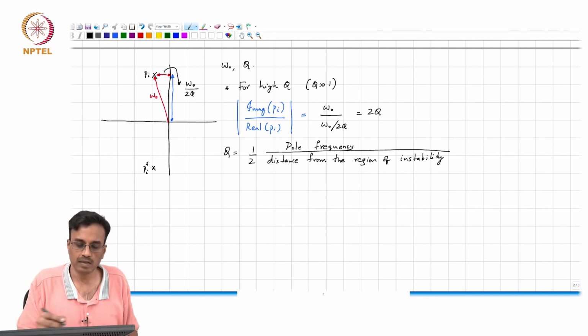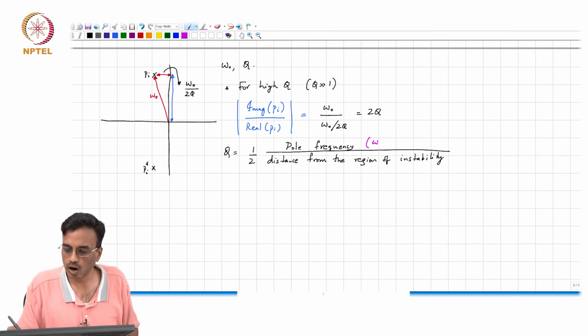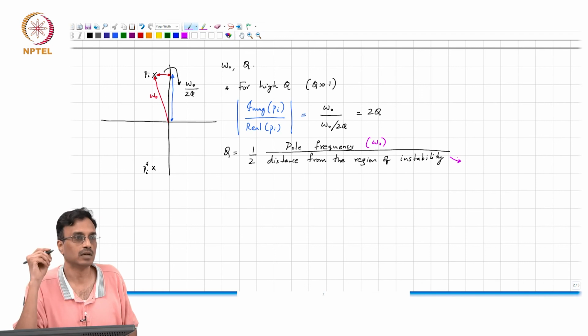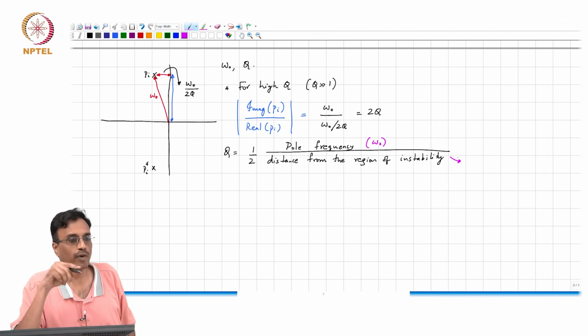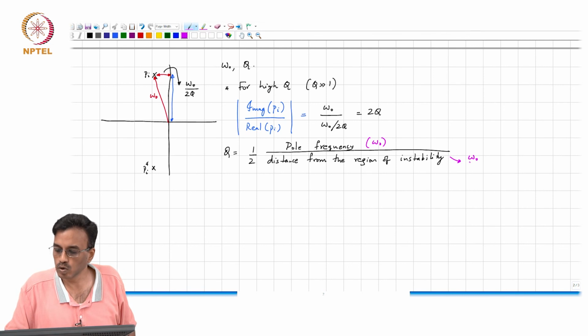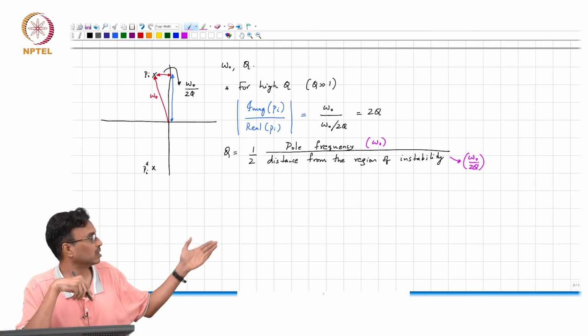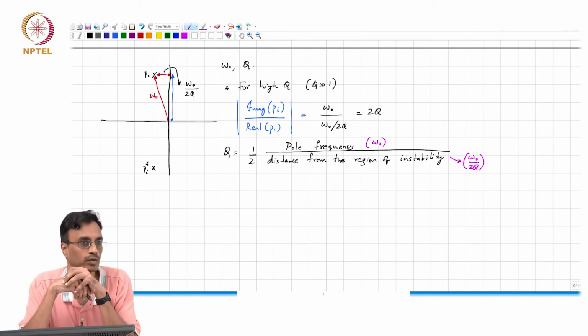Does it make sense? This is nothing but omega naught, and the distance from the pole frequency to how far you should go is omega naught over 2q. So, the ratio of the two divided by 2 gives you the q.